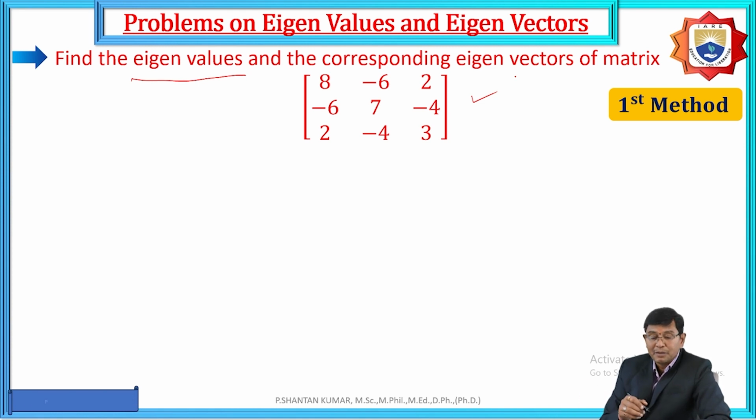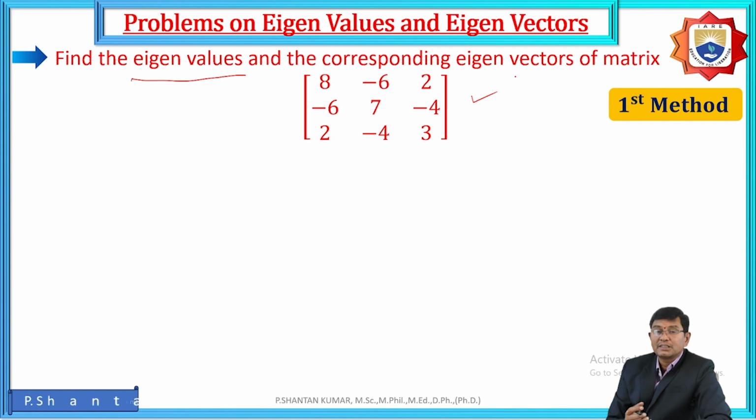Up to now we have discussed the characteristic equation. By solving the characteristic equation, we get some values depending on the order of the matrix. For example, for a 3 by 3 matrix, by solving the characteristic equation, we obtain 3 eigenvalues.